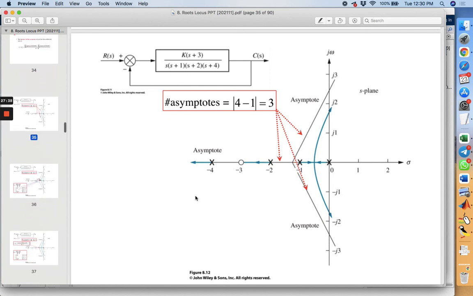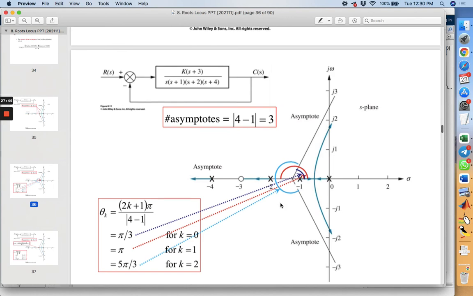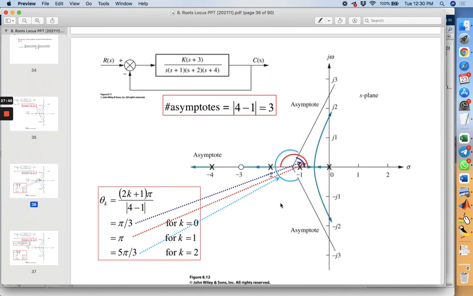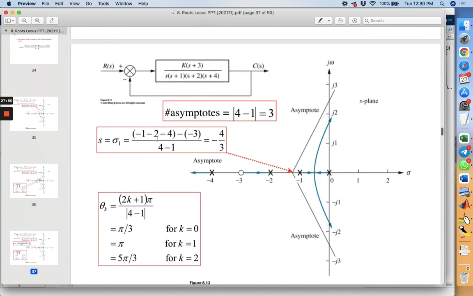So how do we know the intersection of asymptotes here? We can use the formula: the summation of poles minus the summation of zeros over n - m. So we have poles at -1, -2, -4, and actually we have a 0 here.